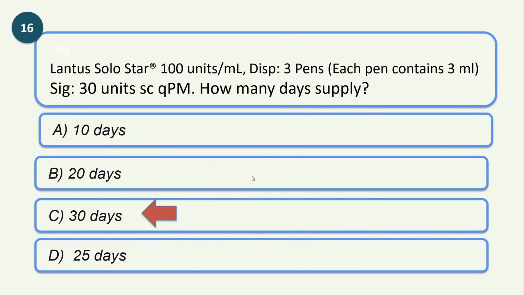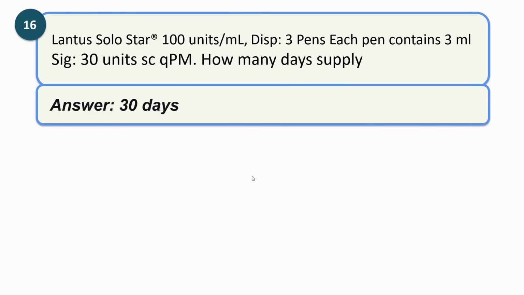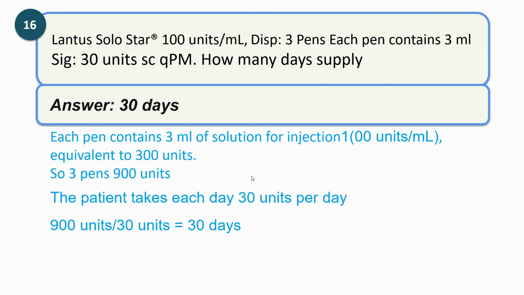Let's solve how we get those 30 days. Each pen contains 3 mL and each mL contains 100 units. So each pen is 300 units, and 3 pens would be 900 units.